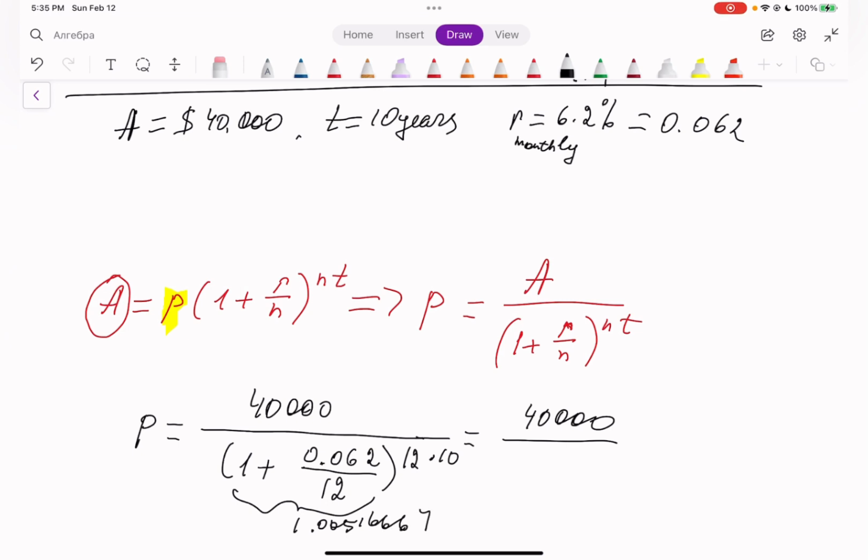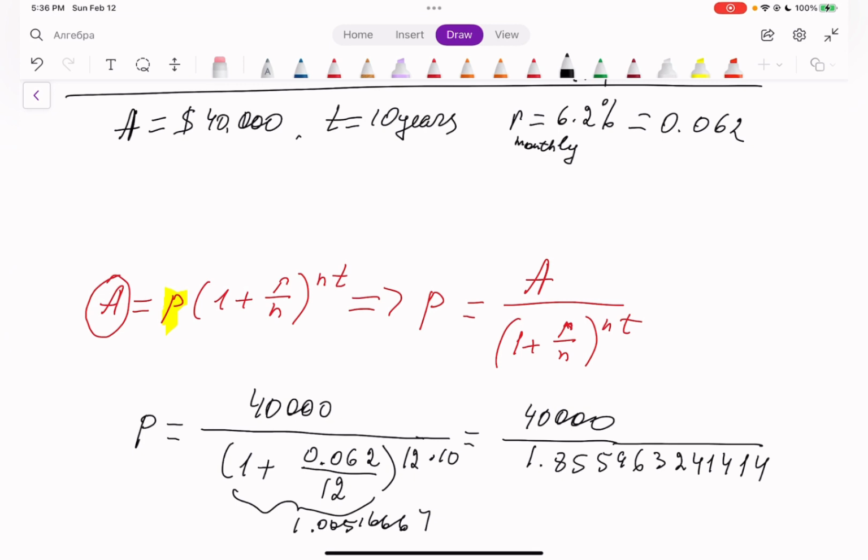Now let's raise to power 120, pushing the X to the power Y button. And I'm getting 1.8559632414 or so. Okay, enough.